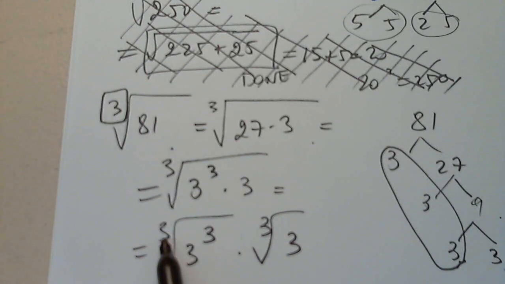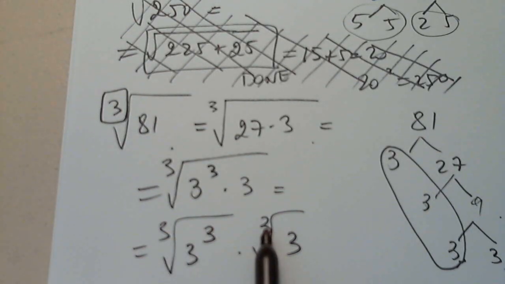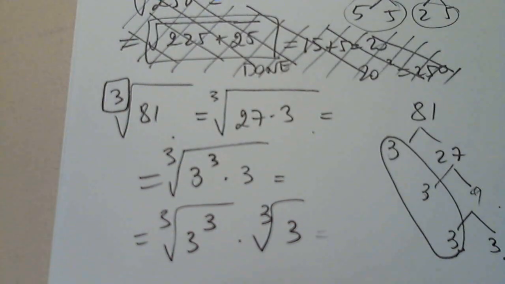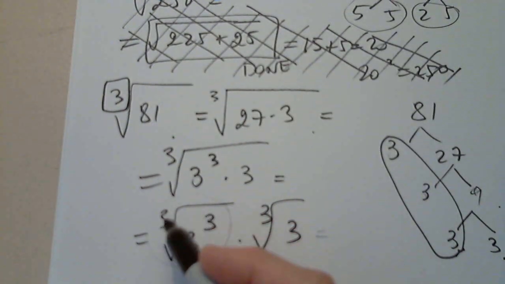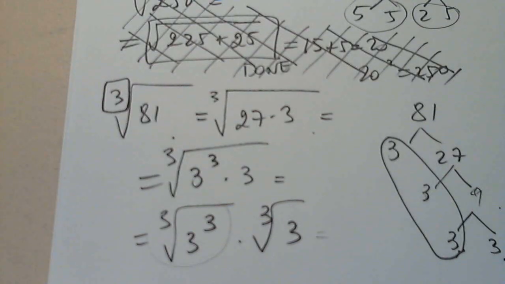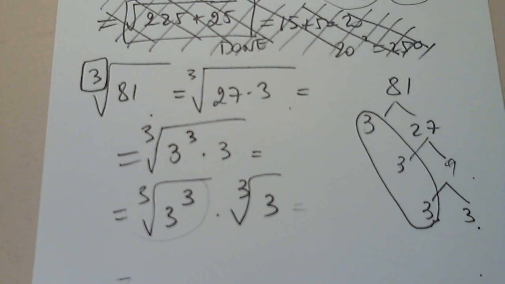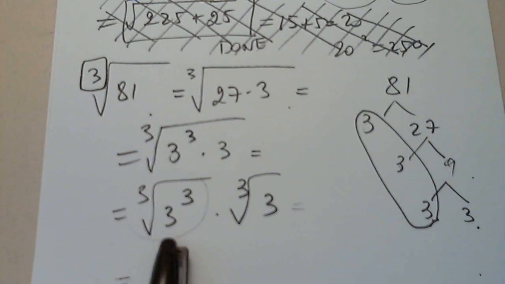You cannot say that this is the cube root and this is the square root. No, no, no, no. They have to have the same index. So then, how do I simplify this? The first piece is... can anyone tell us what is the cube root of 3 to the third? What does it equal to?